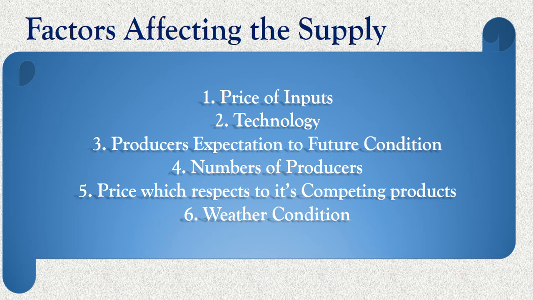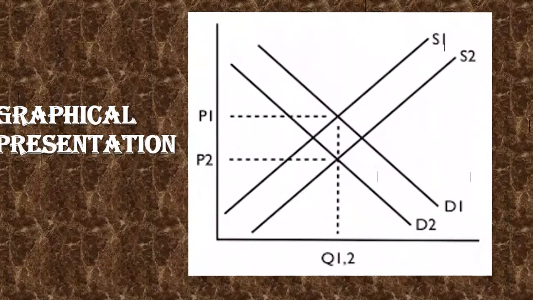So let's move on to the next one, which is the graphical presentation. This is the result when we apply the demand shifters and the supply shifters. When the demand shifters are applied, the whole demand curve will shift from demand 1 to demand 2, or D1 to D2. On the other hand, if the supply shifters are applied, then the whole supply curve will change either to the left or to the right.